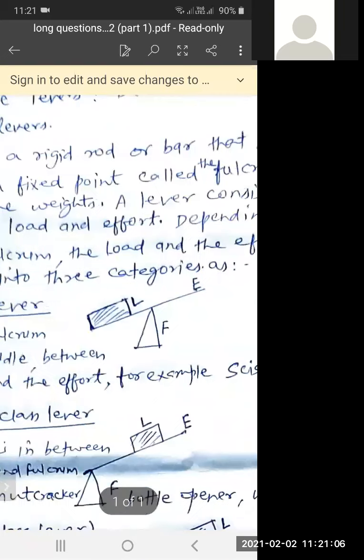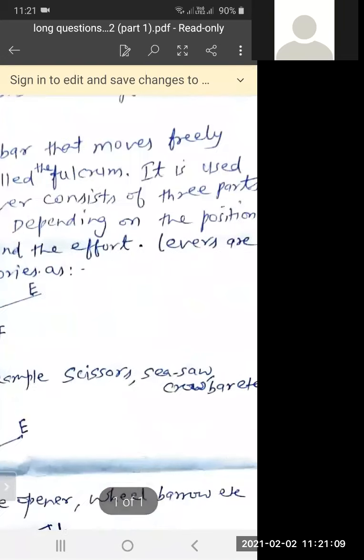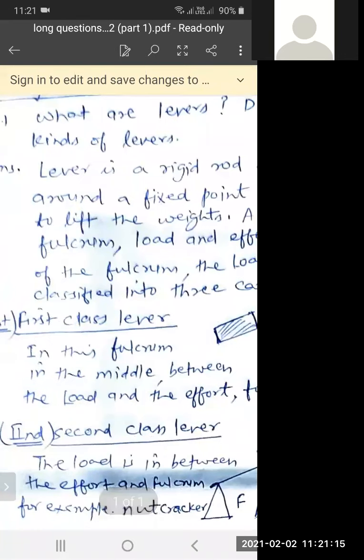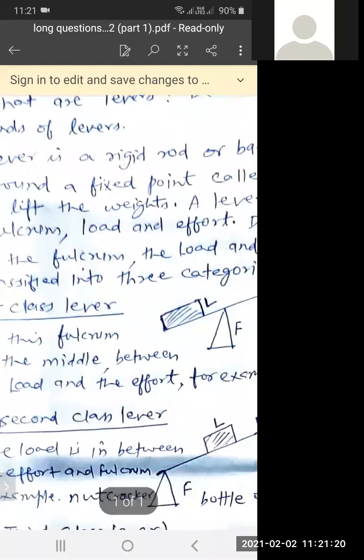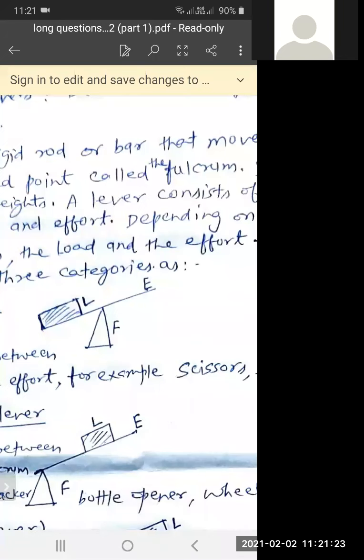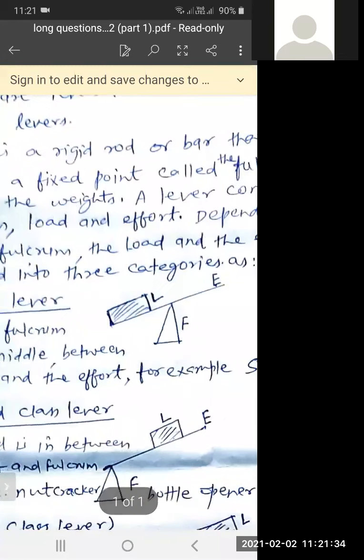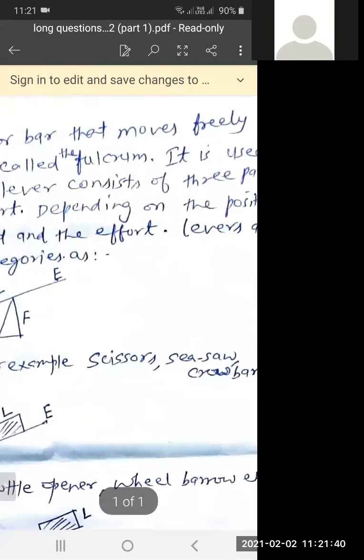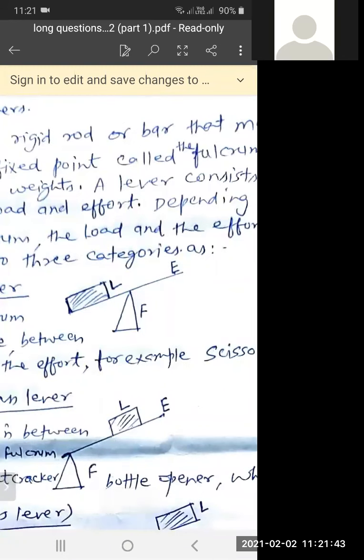Depending on the positions of the fulcrum, the load and the effort, levers are classified into three categories, students.